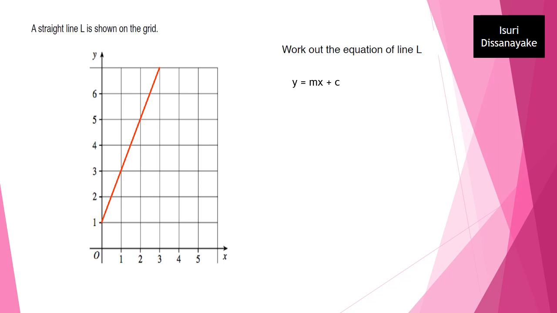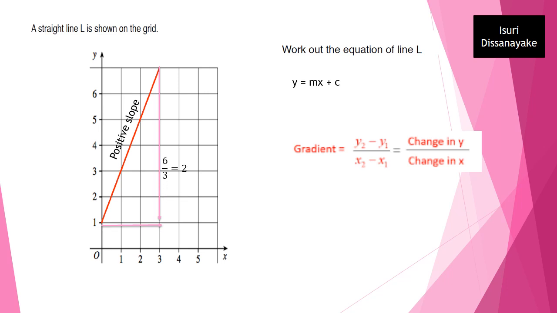Equation of a straight line is y equals mx plus c. And this particular straight line has a positive slope. How do we find the slope or the gradient? Change in y divided by the change in x. Change in y is 6 and the change in x is 3. 6 divided by 3, that is 2.